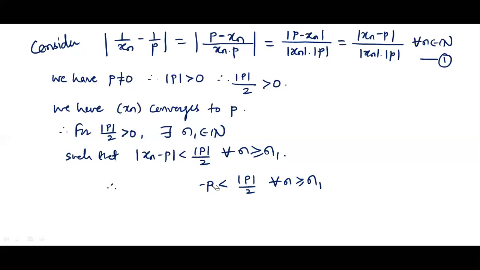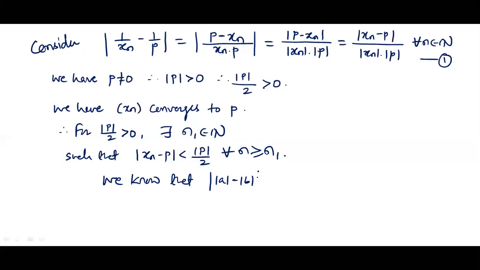Okay. We will do another adjustment. See, we know that mod of a minus mod of b is always less than or equal to mod of a minus b.